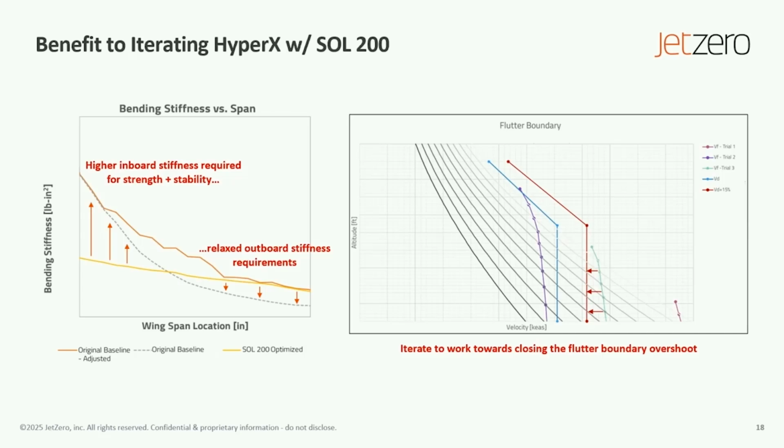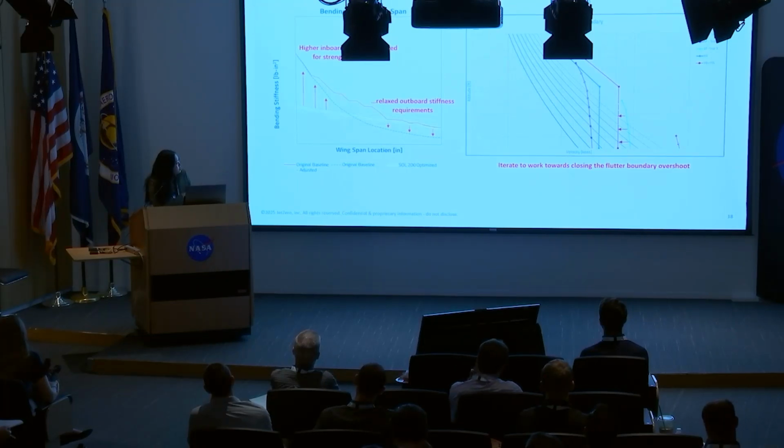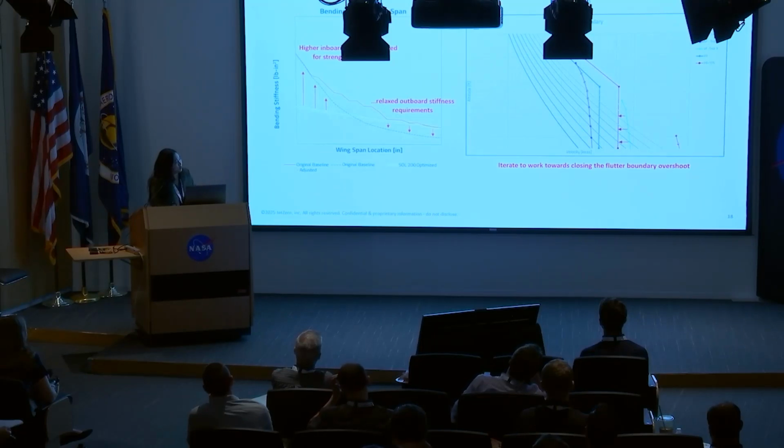So there's a lot of room here to reduce unnecessary stiffness, and also reduce weight. So if we ran it through SOL 200 and HyperX again, maybe we can reduce this gap here and also close the gap in the flutter boundary there, and bring that VF boundary closer to the red line.